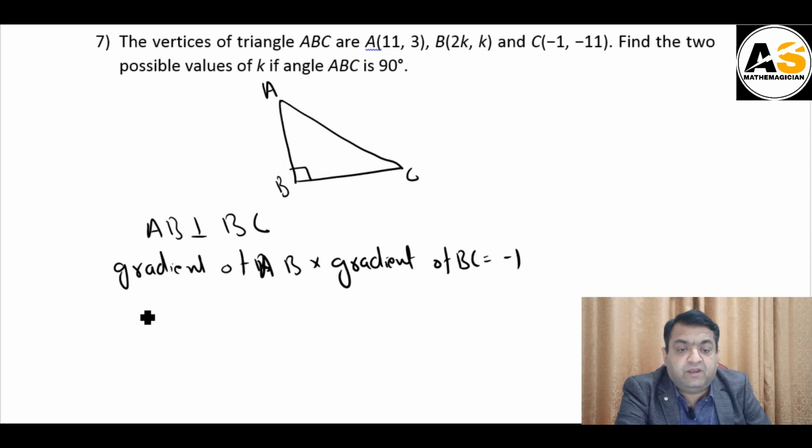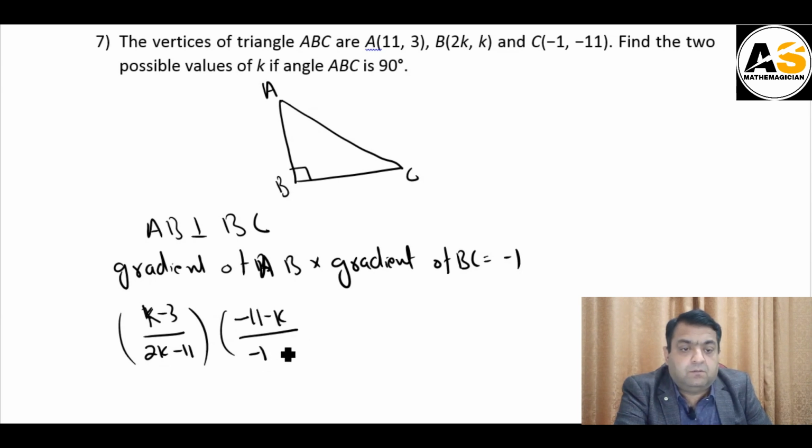What is gradient of AB? (k minus 3) over (2k minus 11) multiplied by gradient of BC, (minus 11 minus k) over (minus 1 minus 2k). This is equal to minus 1.